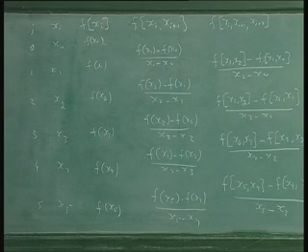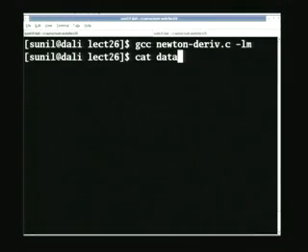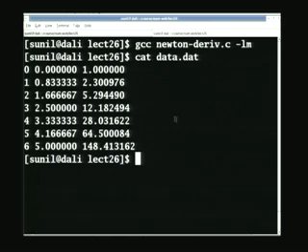So we'll just look at the tabulated values. It's 0, 1, 2, 3, 4, 5, 6, so there are 7 points. These are the tabulated x values and the tabulated function values of exponential x.